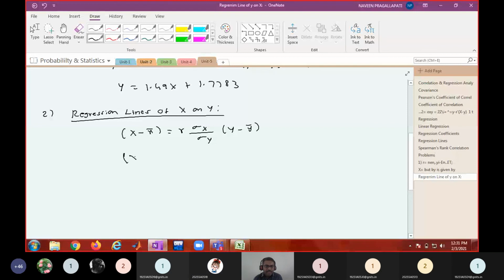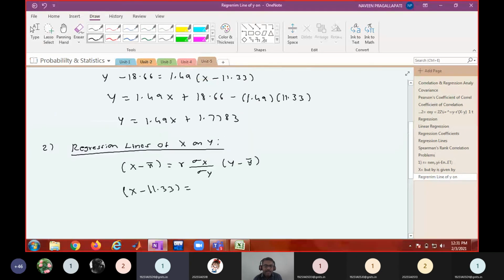Tell me the values. So x minus x bar, which is 11.33, equals r, 0.9473, into sigma x, 1.62, by sigma y, 2.54, into y minus y bar, which is 18.66.